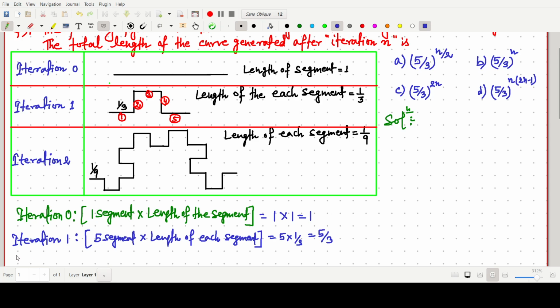Now finally we have to go for iteration 2.